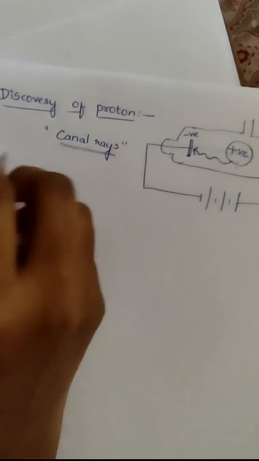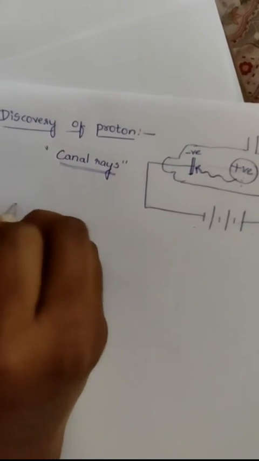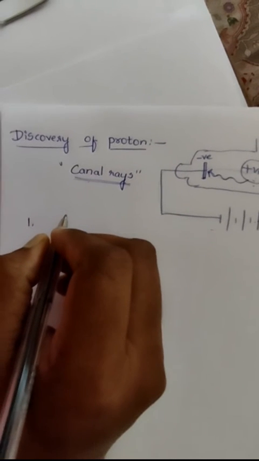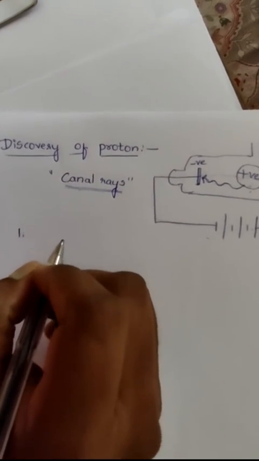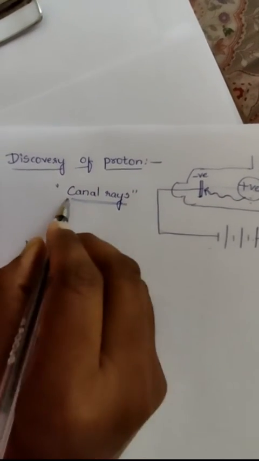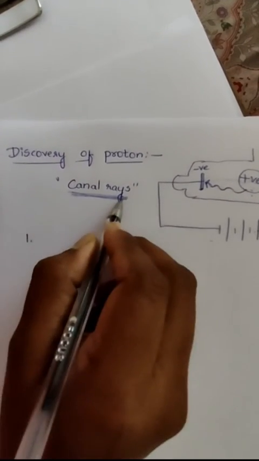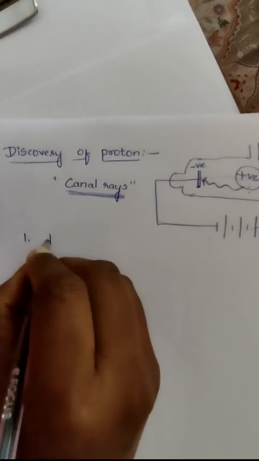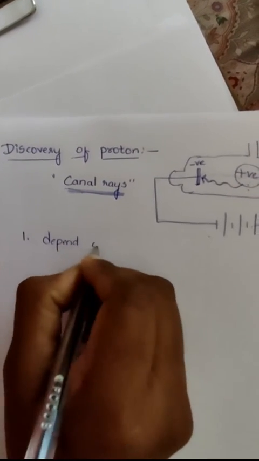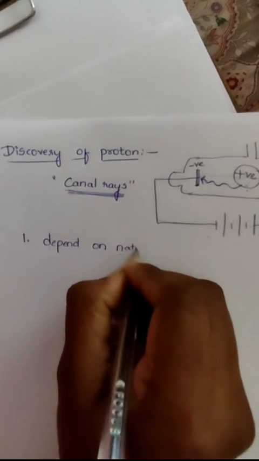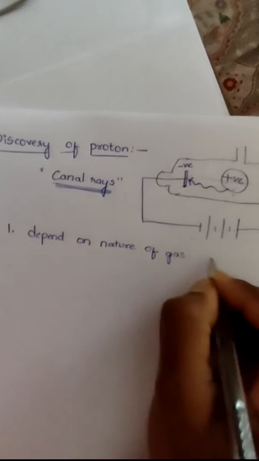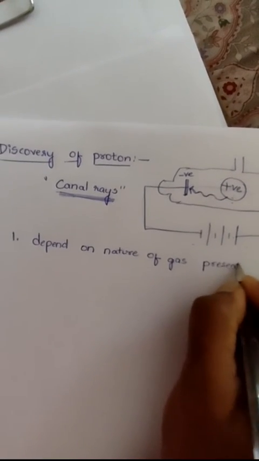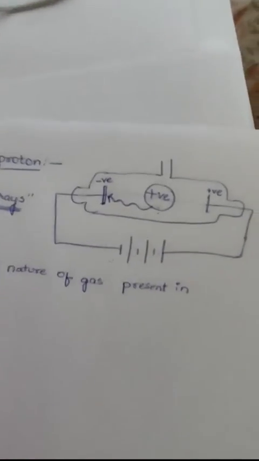And the characteristics of these rays are, unlike cathode rays, the mass of these positively charged canal rays depends on the nature of gas present in this cathode ray tube.